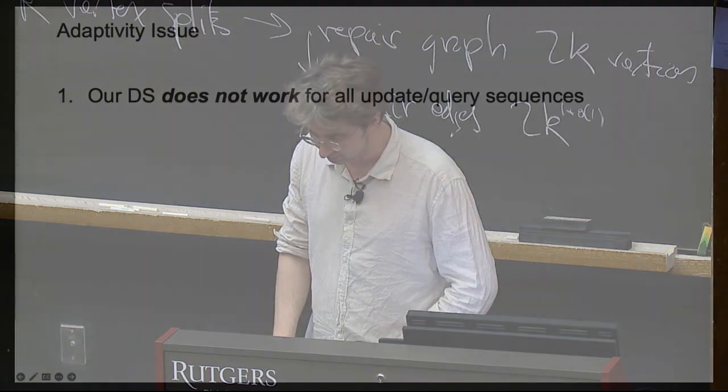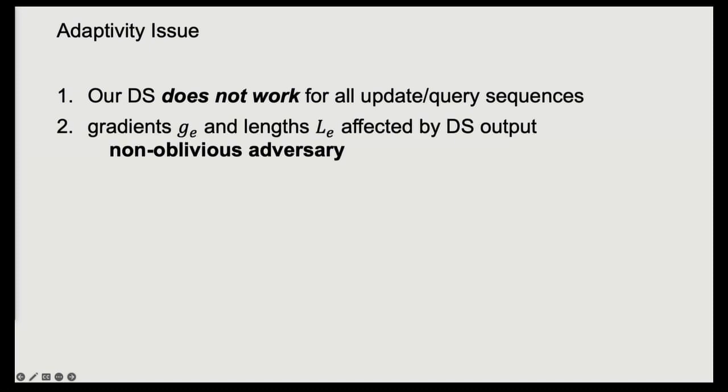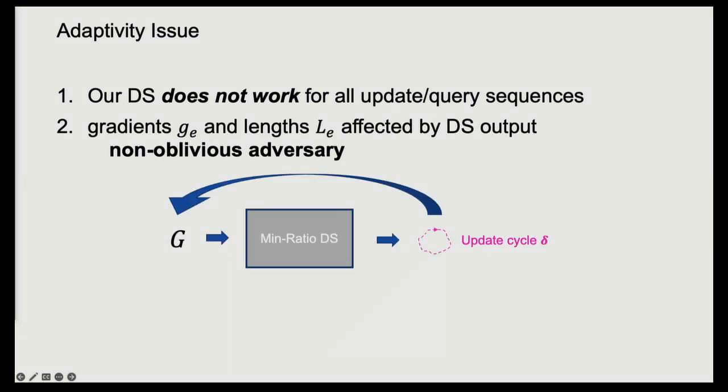So now let's just do a little warning. Our data structure does not work for all query update sequences. That was the obliviousness or not that we talked about. It's not oblivious at all, because we have this graph where the min ratio instance lives with gradients and lengths. Then there's this min ratio data structure that finds an update cycle and then feeds it back into the graph.